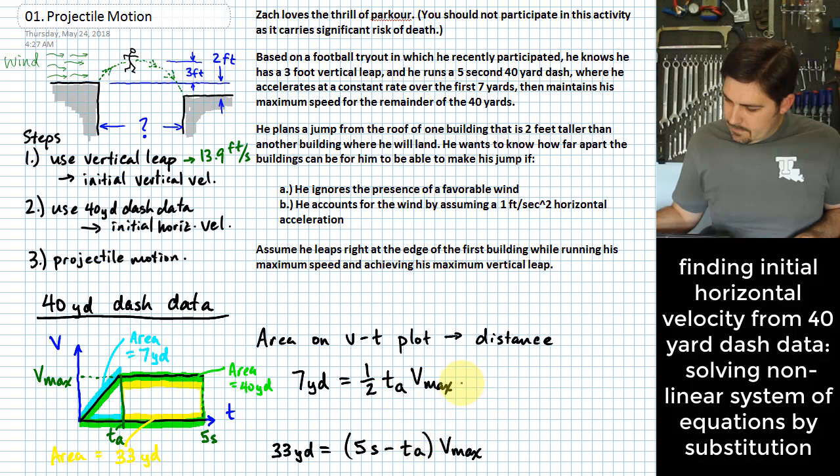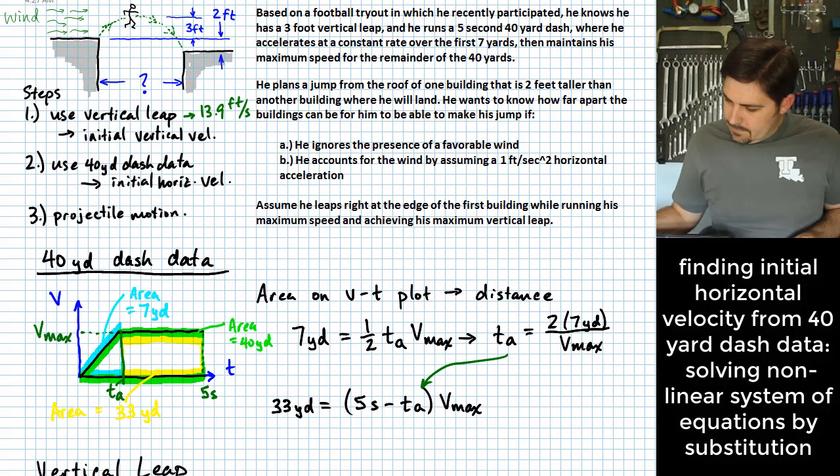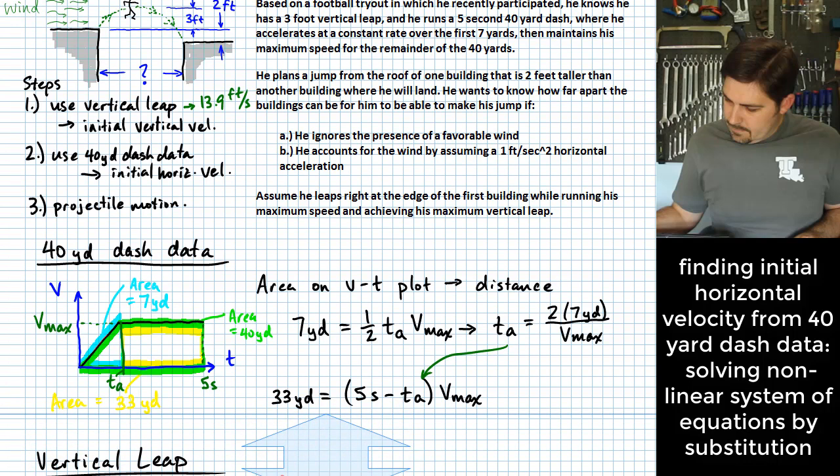Okay, so this tells me here that T sub A is going to be equal to 2 times 7 yards divided by Vmax. Okay, once I get that, I can plug it in right there. And once I plug that in right there, I should be able to do some solving.